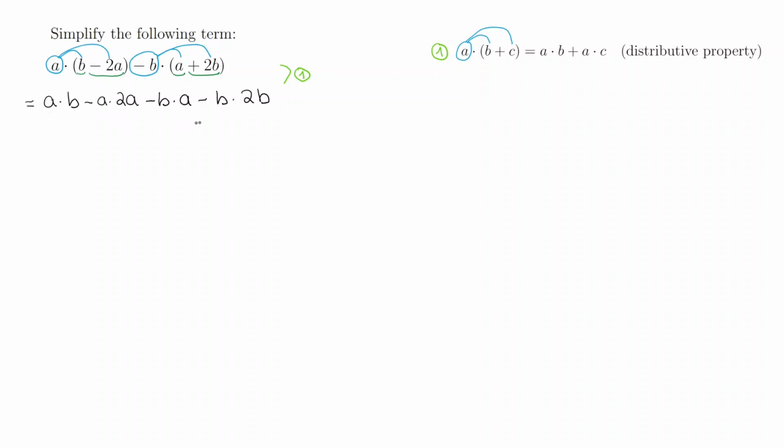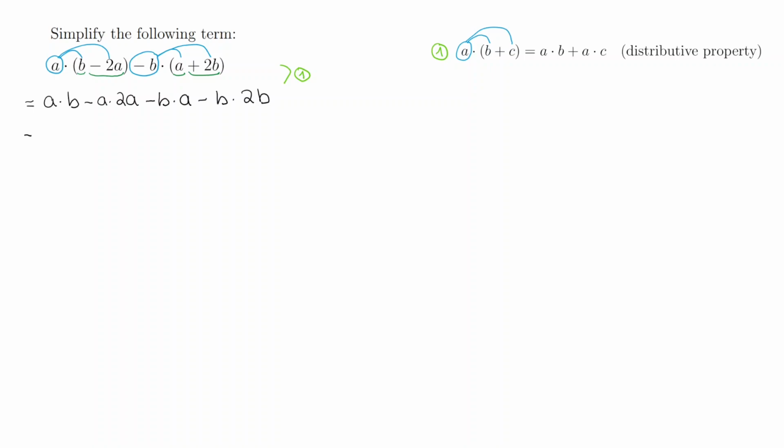If we have a look now, we have a's and b's as variables and sometimes also a number. So I would like to resort the variables in each part in the same order. So what I do is I first always put the number, if there is one, then I put the a's, and then I put the b's.